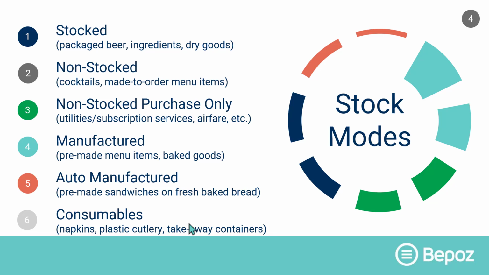There are some examples on the screen here, but essentially they're products that we are going to purchase and use in-house, but will never be sold to customers, and will never be an ingredient product of something that is sold to customers either. We simply want to be able to purchase these products and then track and report on their purchases and on their usage internally.